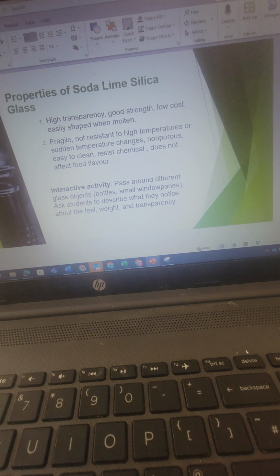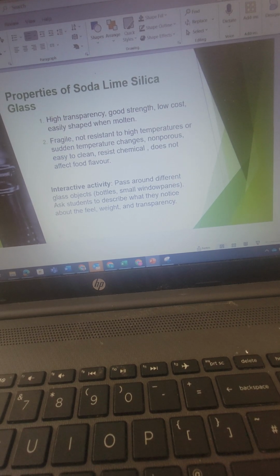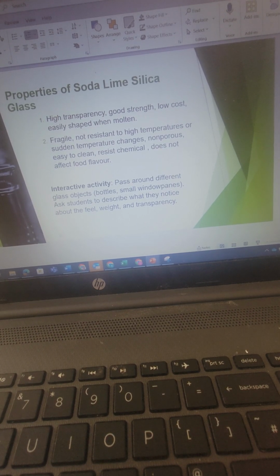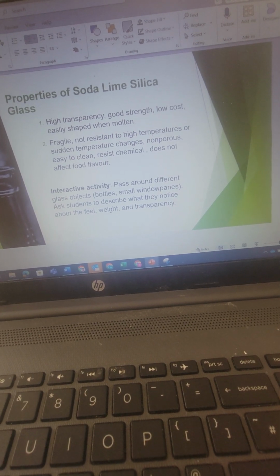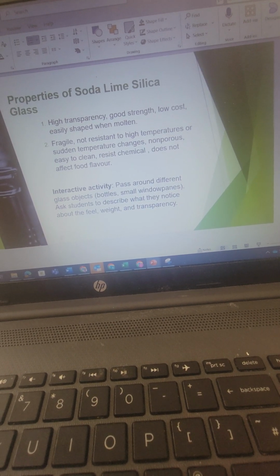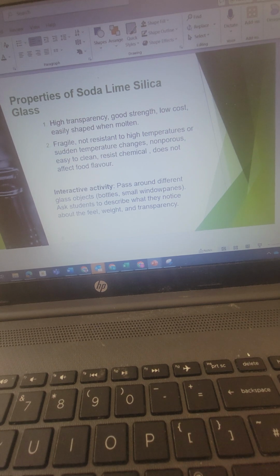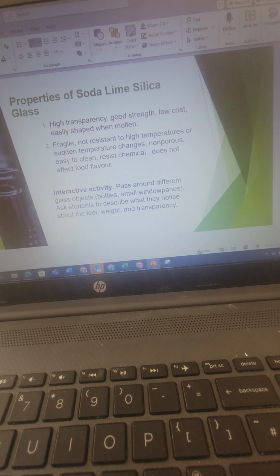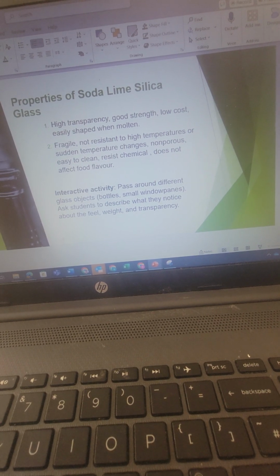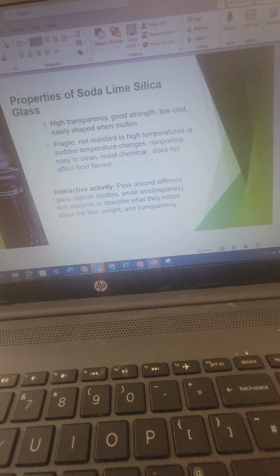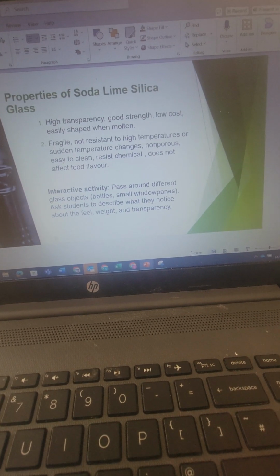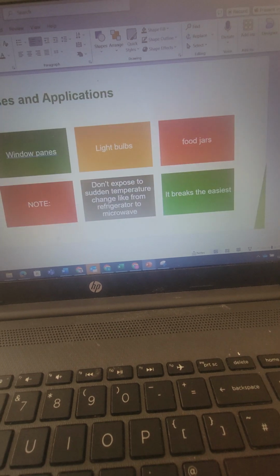So they are not resistant to high temperature, and any sudden change in temperature, maybe from very low to very high, may also cause it to crack. But they're also good because they don't affect the food flavor. We have said that. So there is an interaction there, but that's not for this purpose.